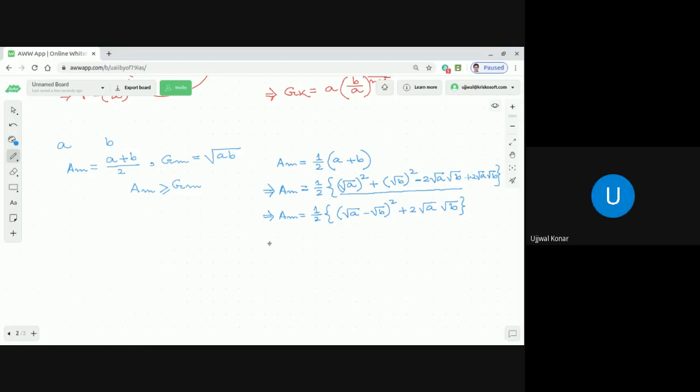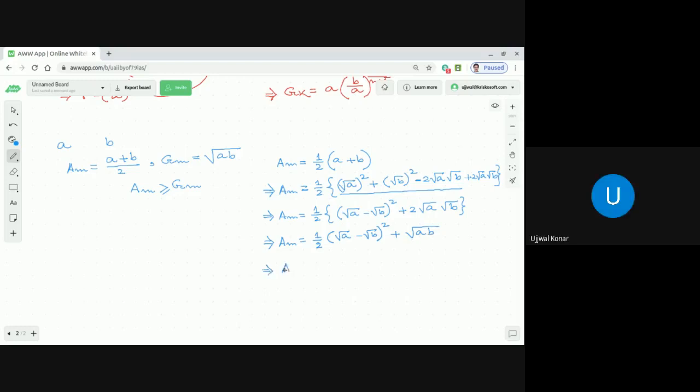Then what happened, dear students, is that this implies arithmetic mean is equal to 1 by 2. Let me write 1 by 2 into square root of a minus square root of b whole square plus 1 by 2 into 2, that becomes square root of a into b. 1 by 2 and 2 got cancelled, na? Yeah.